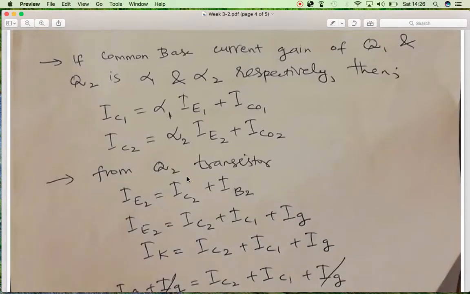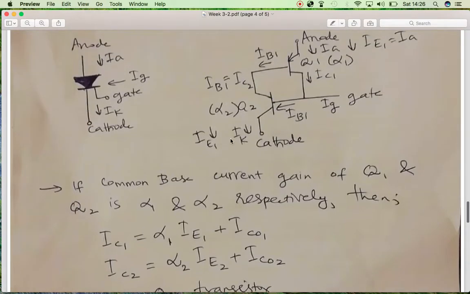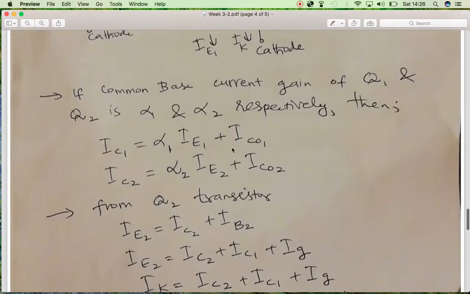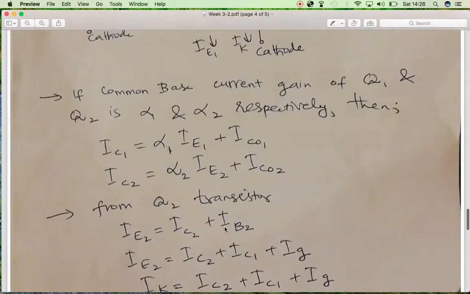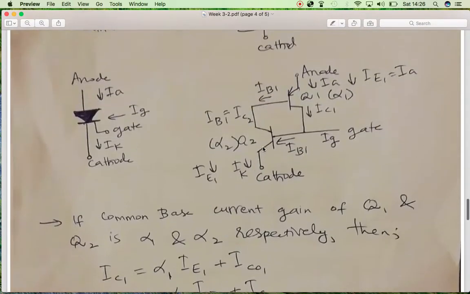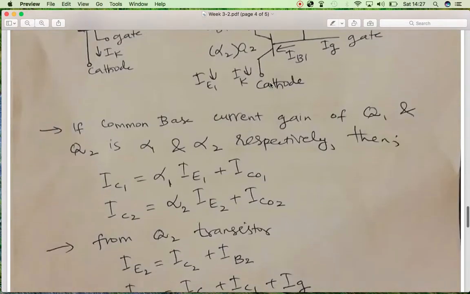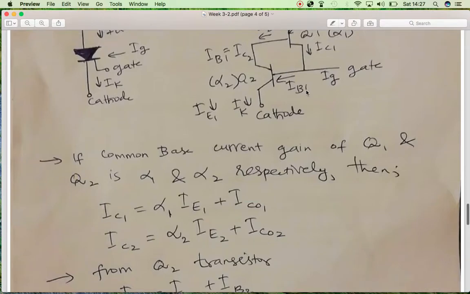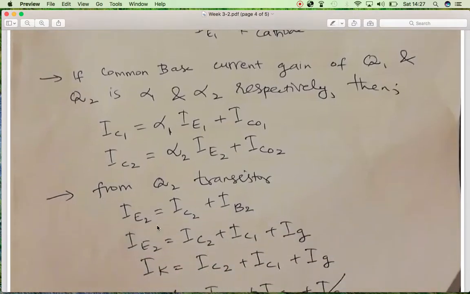For transistor 2, we have IE2 equal to IC2 plus IB2. You can see over here, this is IB2, this is IE2 and this is IC2. So this IC2 plus this IB2 is equal to IE2. You can see this is coming over here, this is coming over here, and this is equal to IE2.